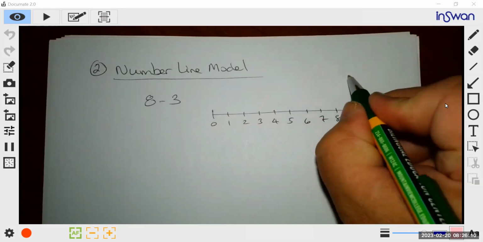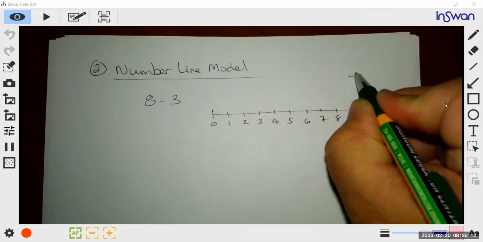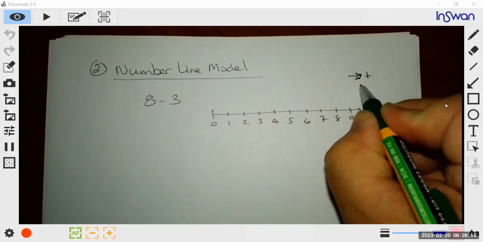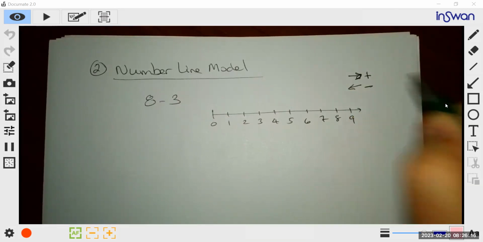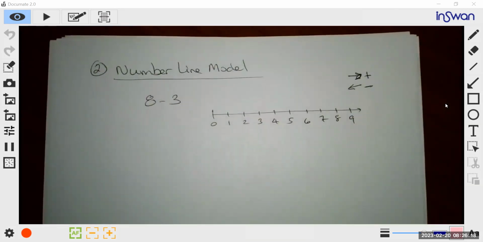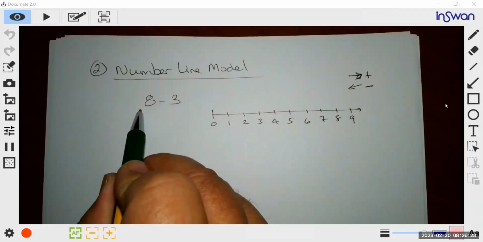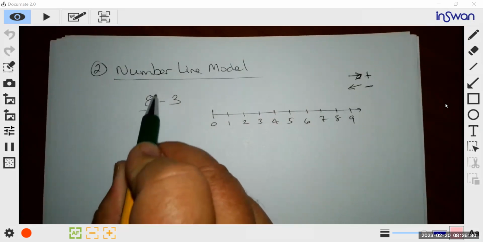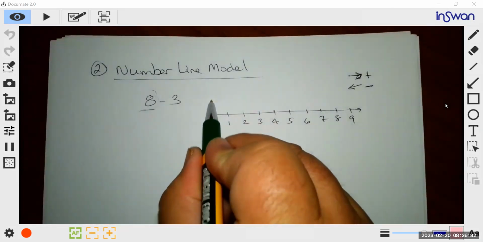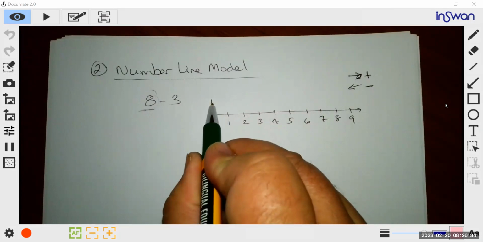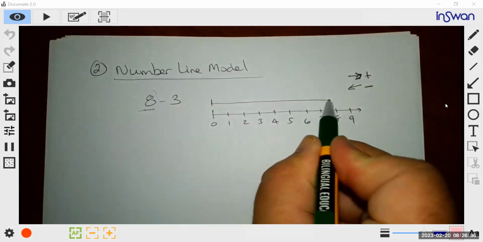Knowing that going to the right is positive and going to the left is negative. So we start with the first number. It's a positive 8. So we start at 0. We go over 8 spaces.